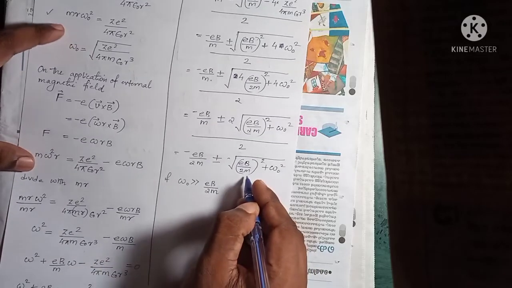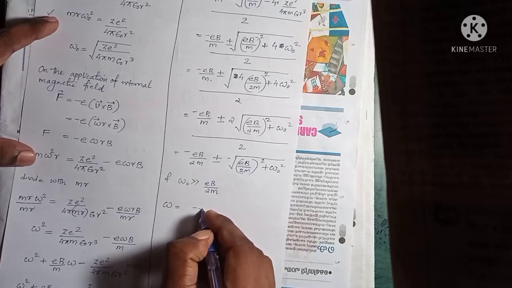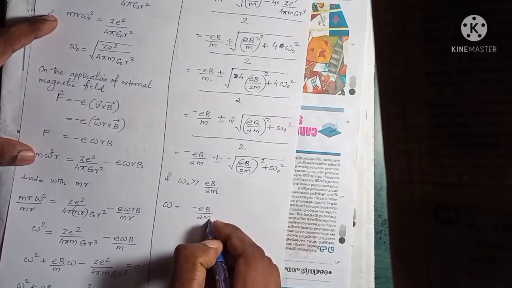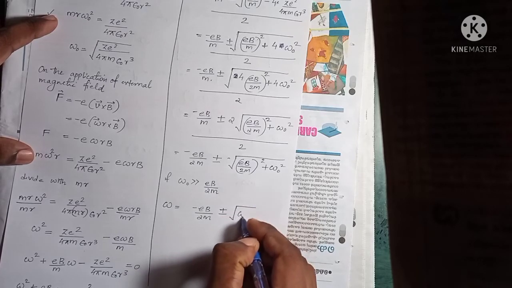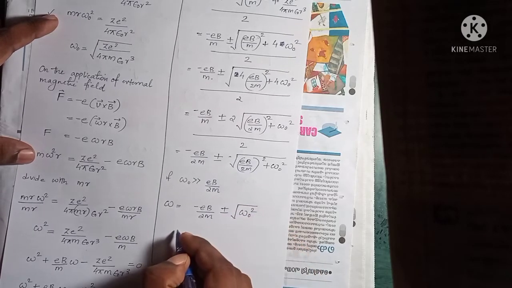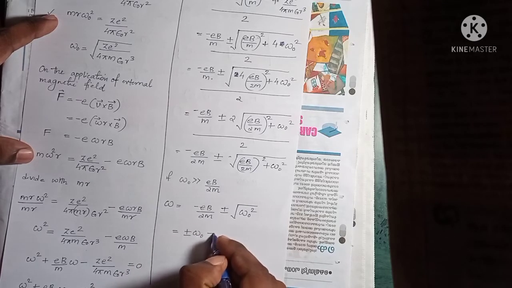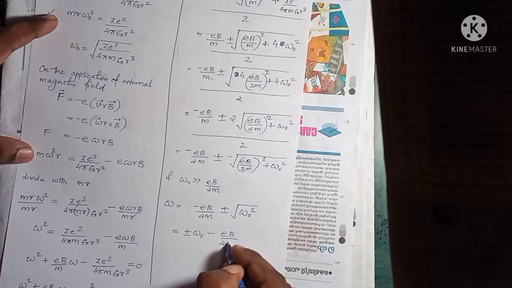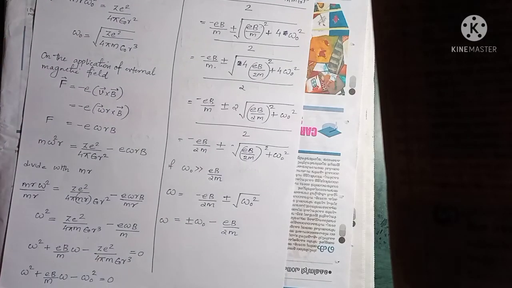So we can neglect this term, and finally omega becomes minus eB upon 2m plus minus root under omega naught square. So this will be plus minus omega naught minus eB upon 2m. So this will be the new angular frequency of the electron moving in the circular orbit in the presence of an external magnetic field.